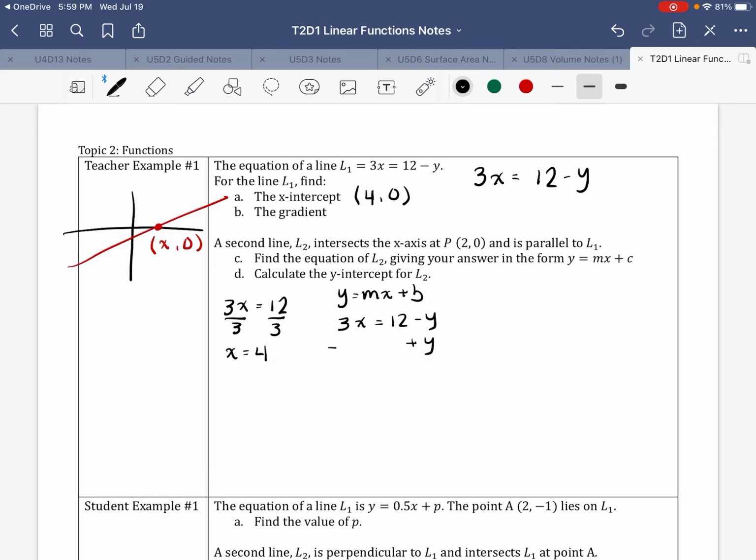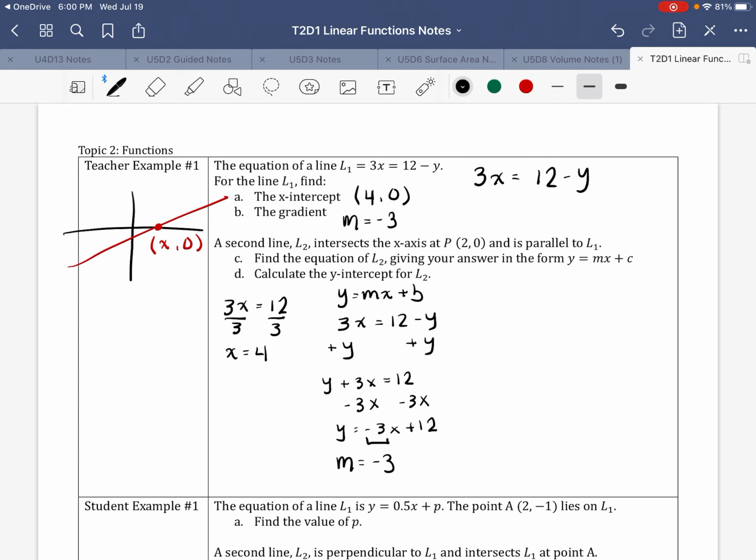So I'm going to add y to both sides, and you get y plus 3x equals 12, and then subtract 3x from both sides. y equals negative 3x plus 12. Now it is in slope-intercept form. I know that my m value here is negative 3. So I know that my gradient here is negative 3.